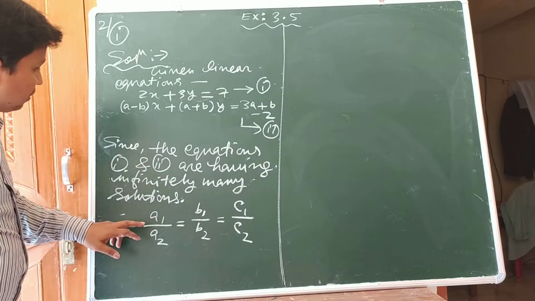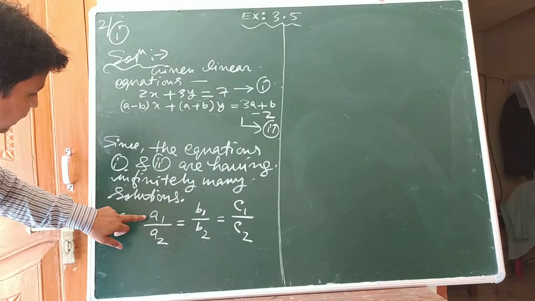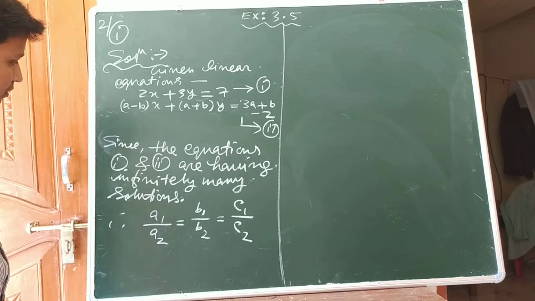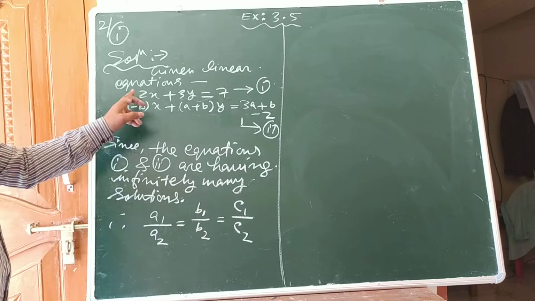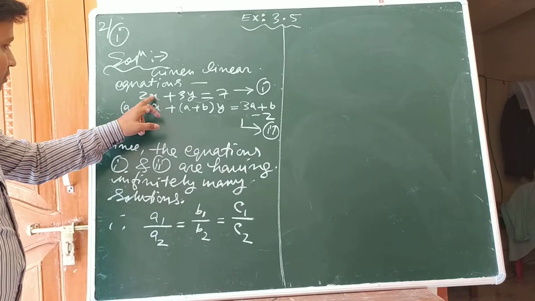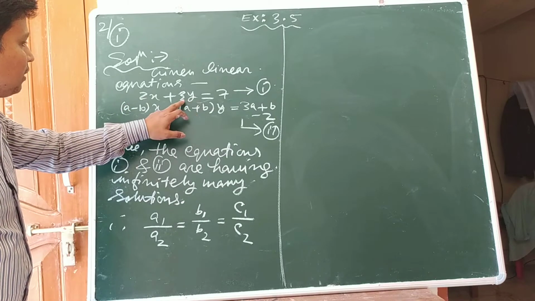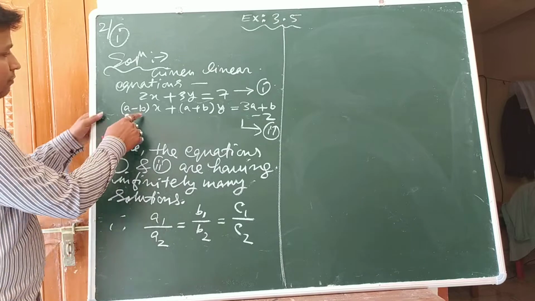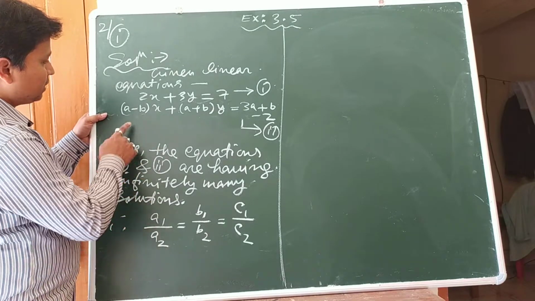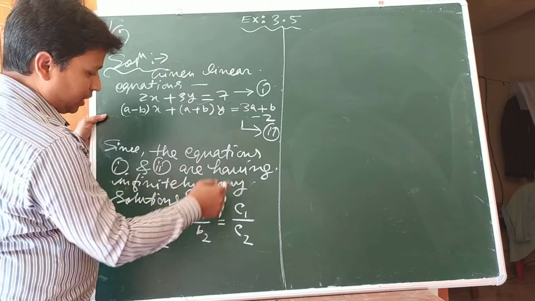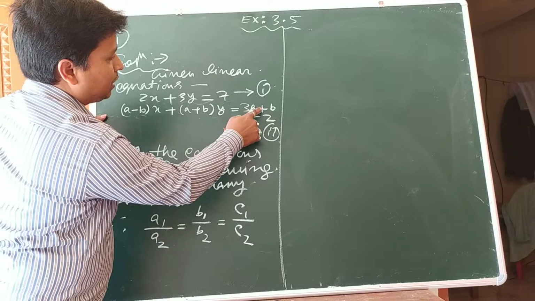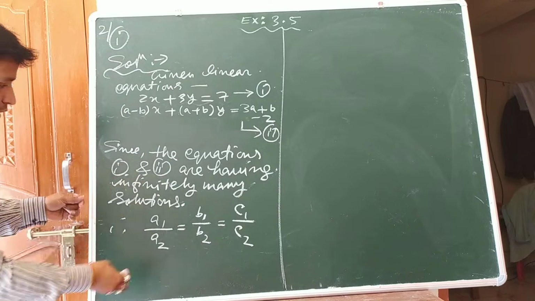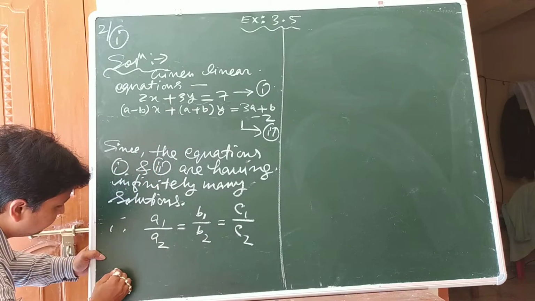So now we have to see a1, b1, c1 from equation number 1. These are the coefficient of x, which is a1, coefficient of y, which is b1, and this constant term is c1. And here a minus b is a2, a plus b is b2, and 3a plus b minus 2 is c2. And that way we just have to put the values.